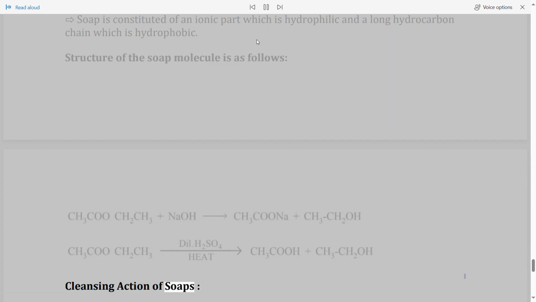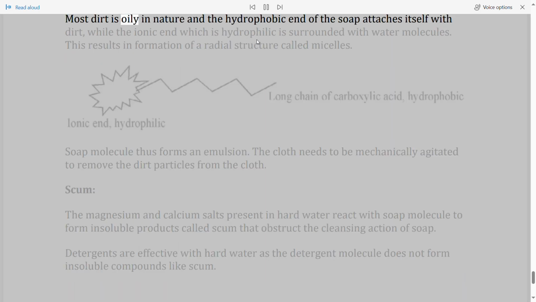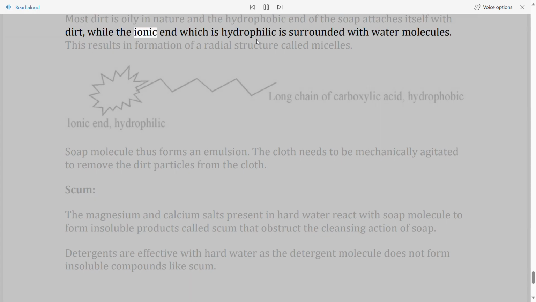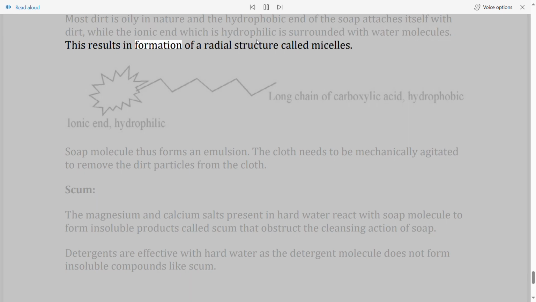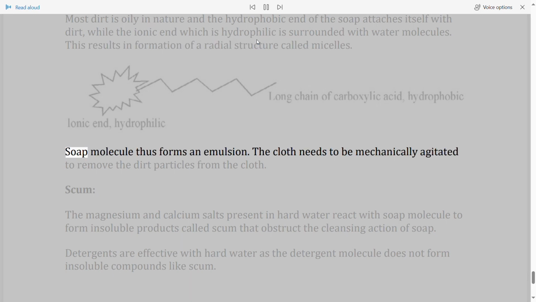Cleansing action of soaps. Most dirt is oily in nature, and the hydrophobic end of the soap attaches itself to the dirt, while the ionic end, which is hydrophilic, is surrounded by water molecules. This results in the formation of a radial structure called micelles. The soap molecule thus forms an emulsion.